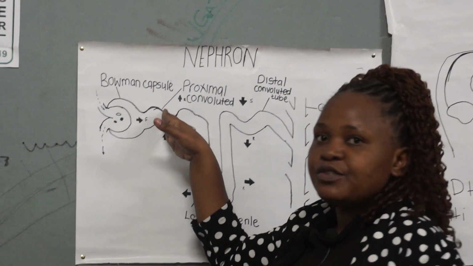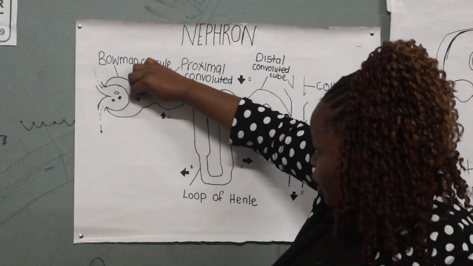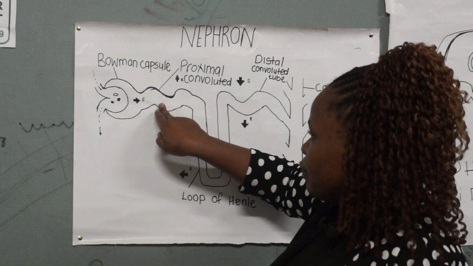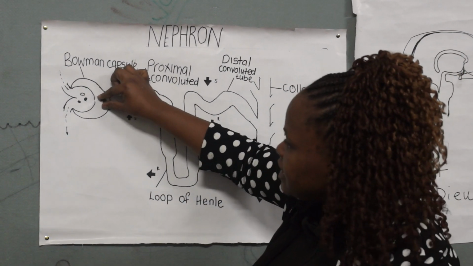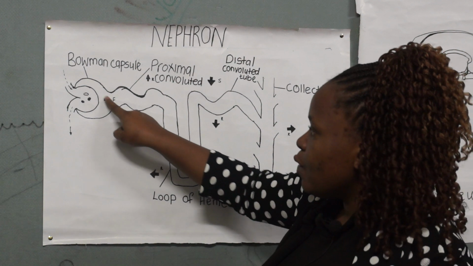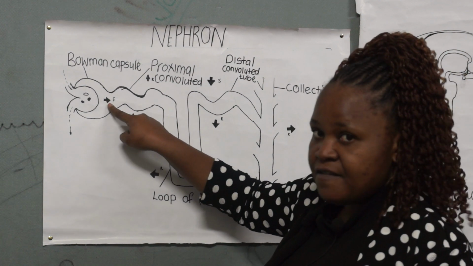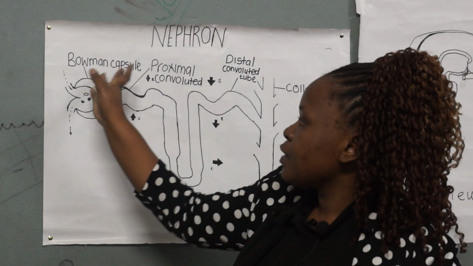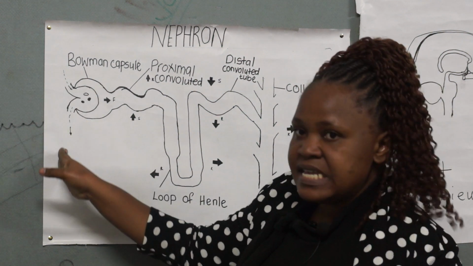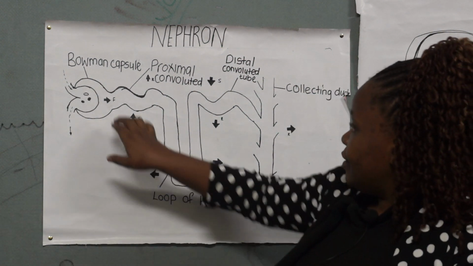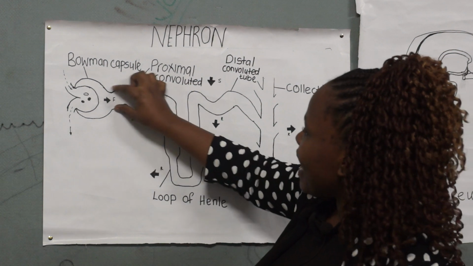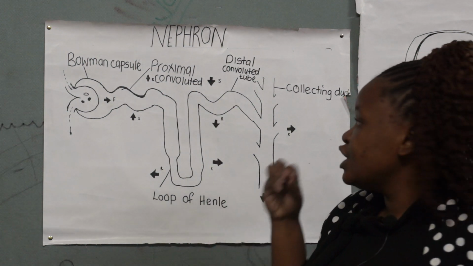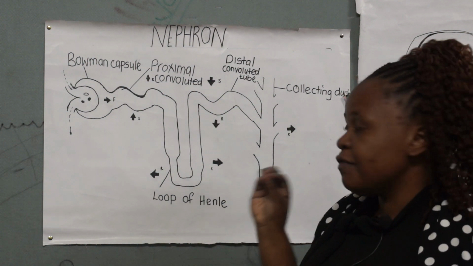Water is also going to pass through, because this membrane is permeable to it. So small substances plus water are going to form this substance, which we normally call the filtrate, since some of the components of blood are going to remain here, right? Now, the filtrate will go from the Bowman's capsule into this part, which is called the proximal convoluted tubule.